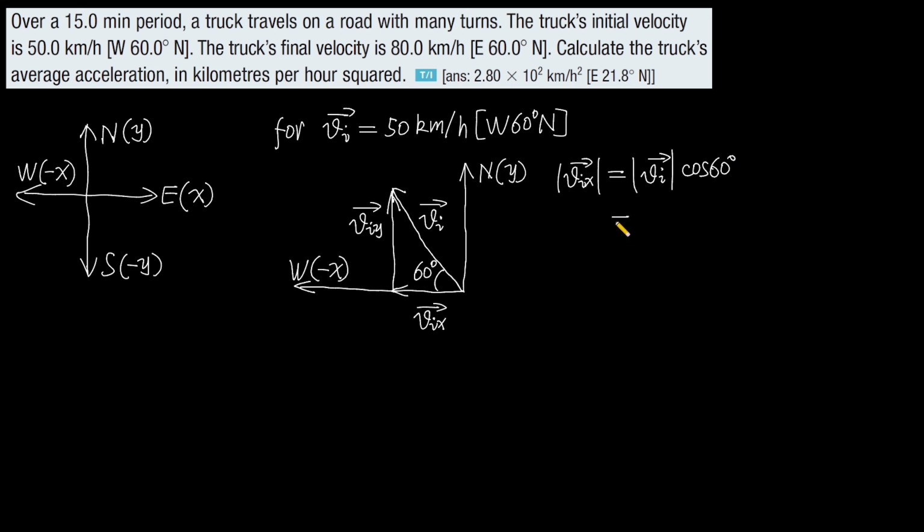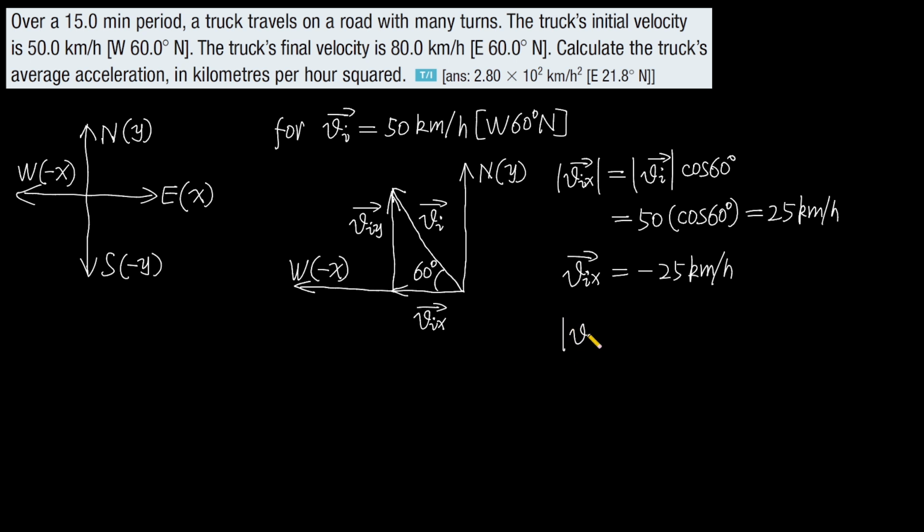And this equals 50 multiply cosine 60 degrees and equals 25 kilometers per hour. Now we know the initial velocity x is negative 25 kilometers per hour. It's negative because its direction is the negative x direction.